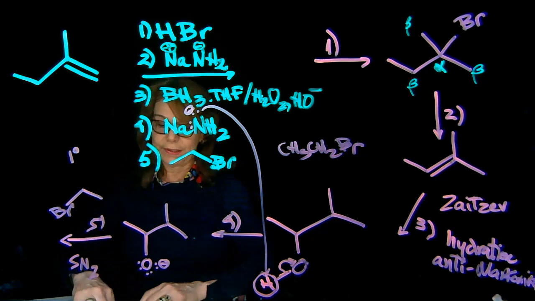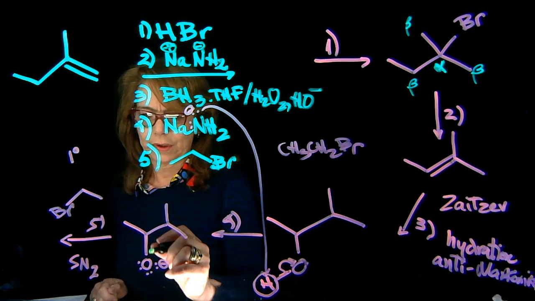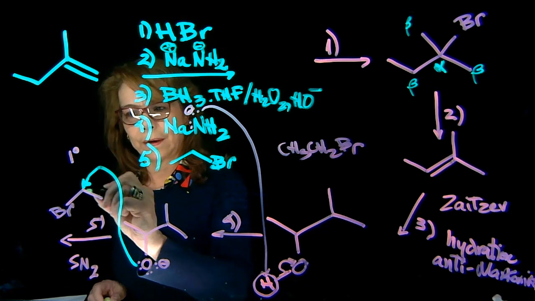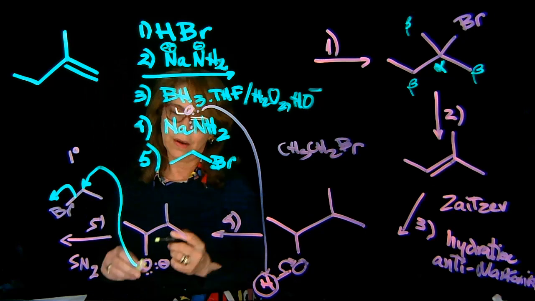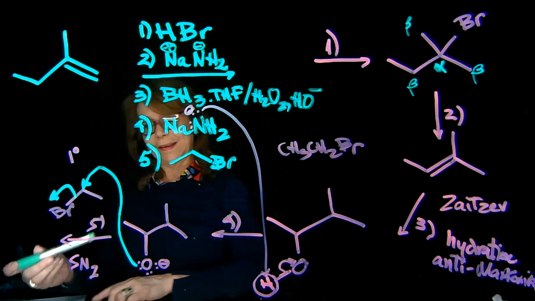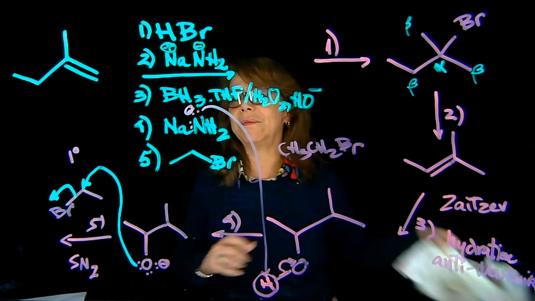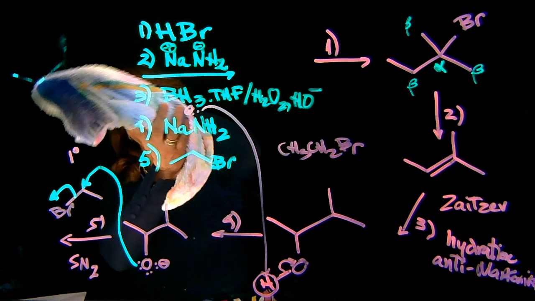So we're going to be doing a nucleophilic attack on this carbon, and the bromide is going to leave. So my final product, I'm going to have to draw it small, or maybe I shift this over.